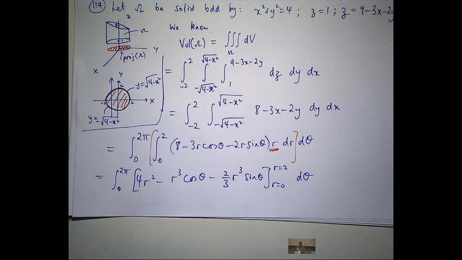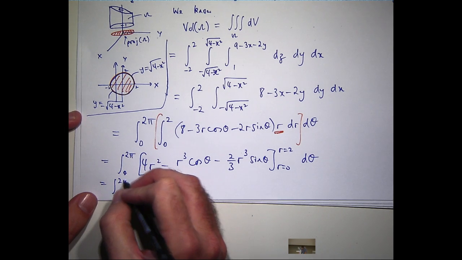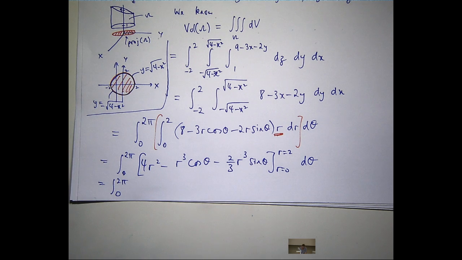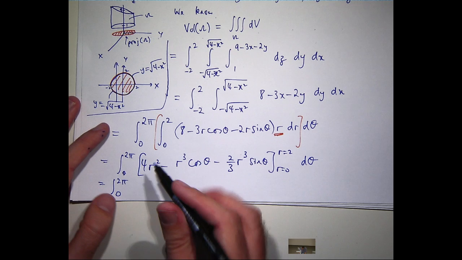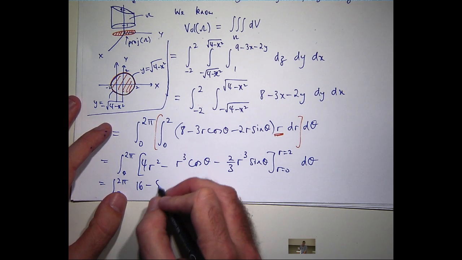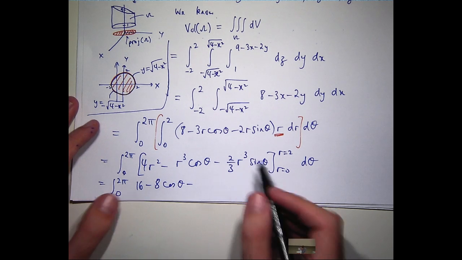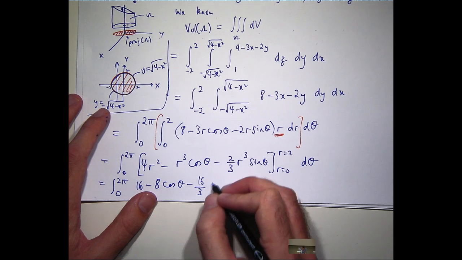Okay, so all I need to do now is plug in my r's. So when I plug in r equals 0, everything's going to be 0, so that's not a problem. The first term is going to give me 16 minus 8 cosine theta. I'm going to get 16 on 3 sine theta.